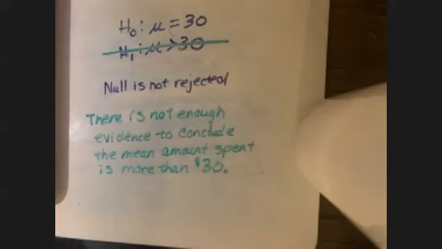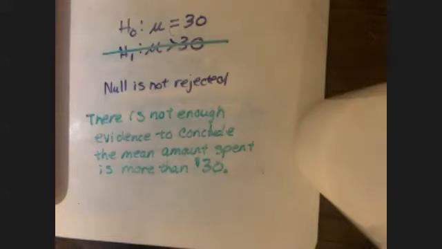Guys, there's certainly different ways this can be worded. I have seen these worded as, until further evidence is provided, the mean amount is not more than $30. There is insufficient evidence to conclude. So they can do different types of phrasing.